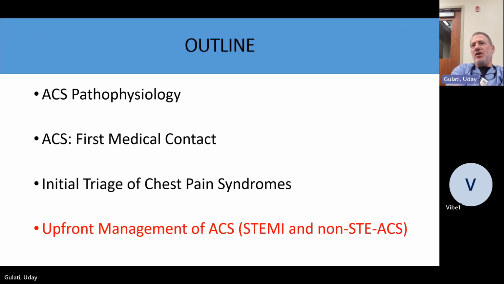So, just to recap, the most important thing is looking to see whether a patient up front meets immediate criteria for reperfusion, right? So is it a STEMI? If it's not a STEMI, do they have high risk features and objective evidence of ischemia?